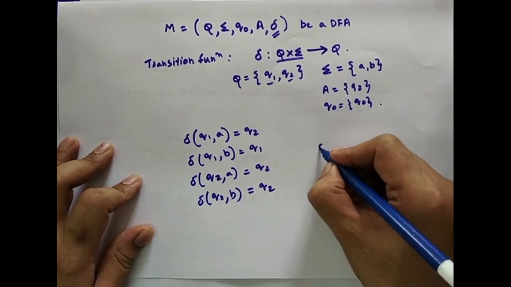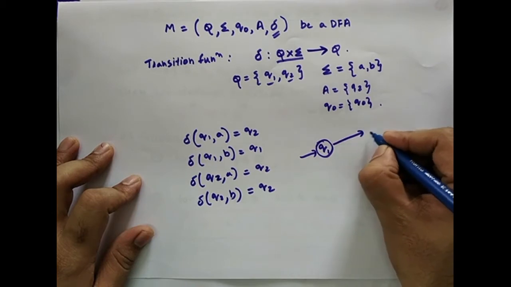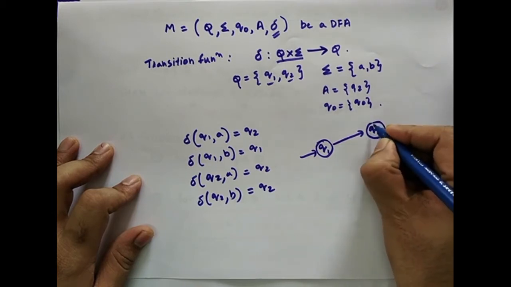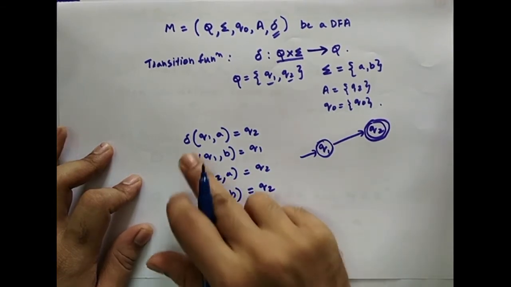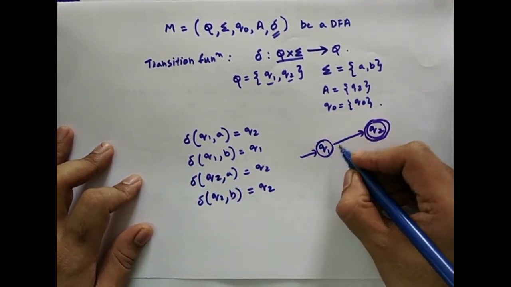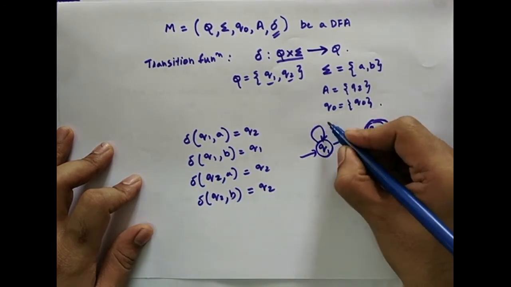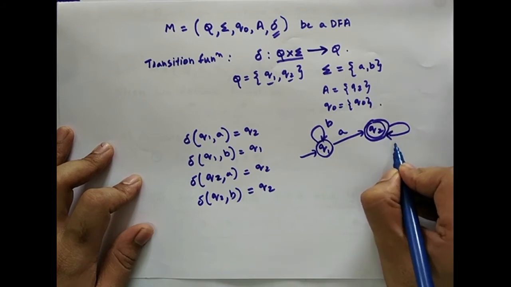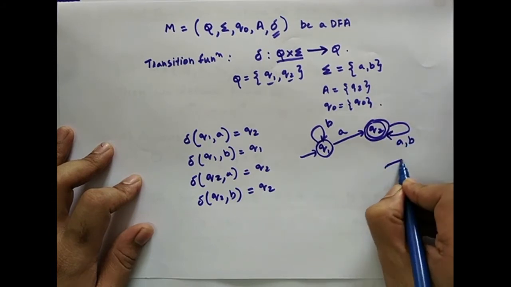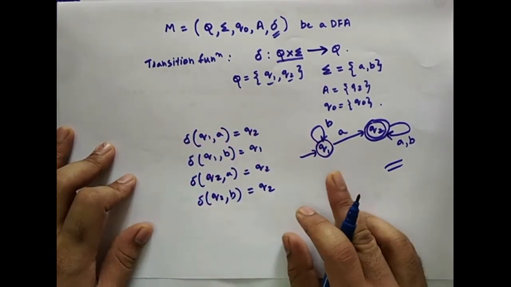So the automaton has two states, Q1 and Q2, where Q2 is the final state and Q1 is the initial state. These are the transition functions of this finite automaton.